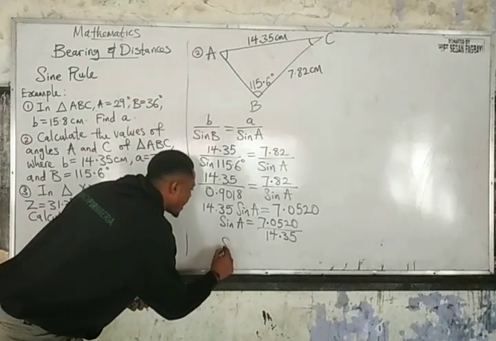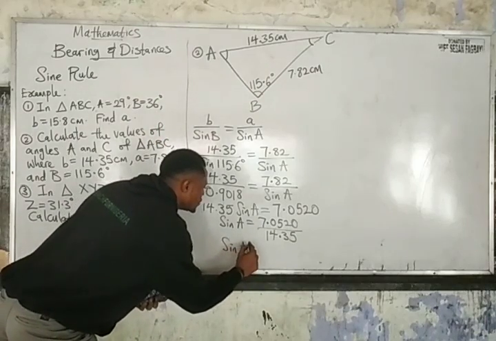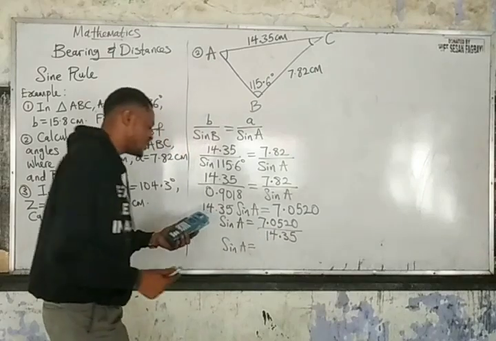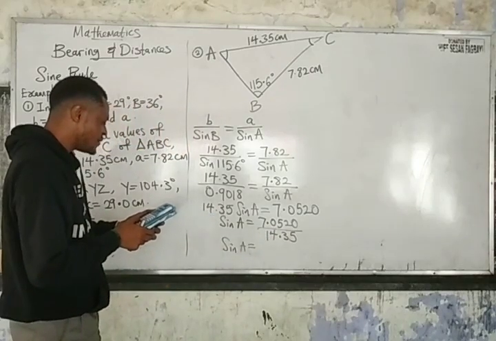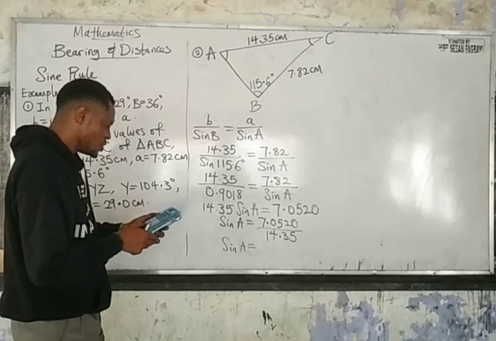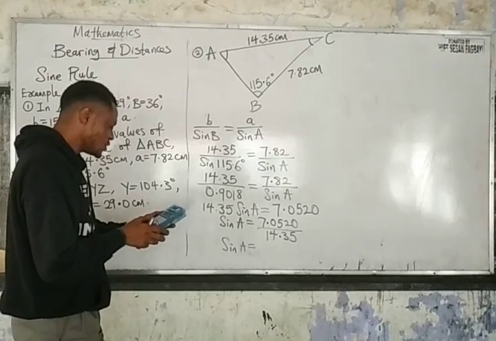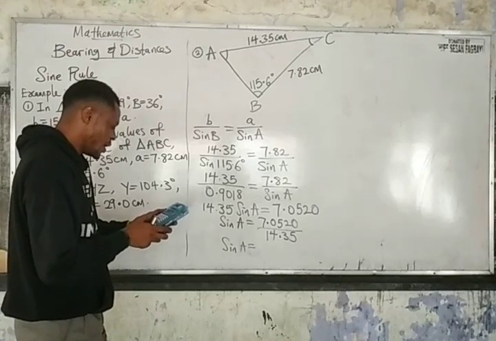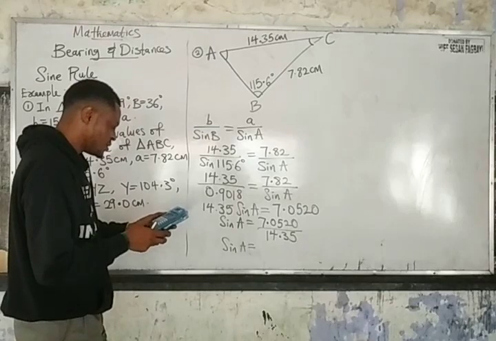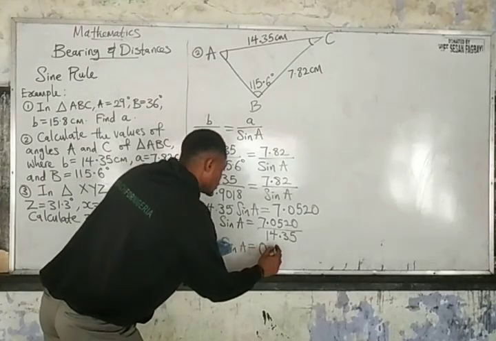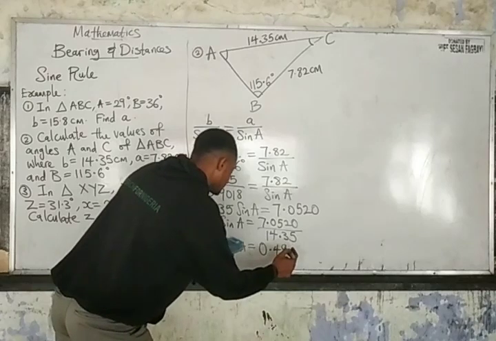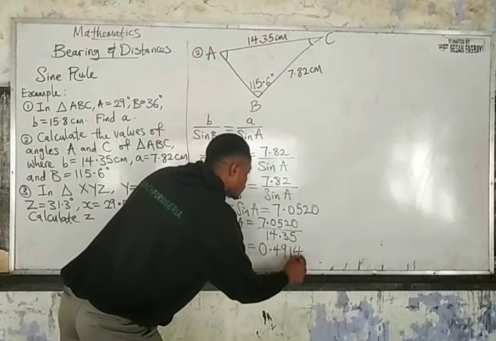Then we have sine A equals this divided by this. This gives us 0.4914.